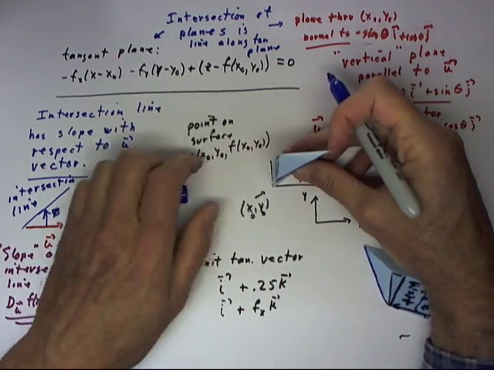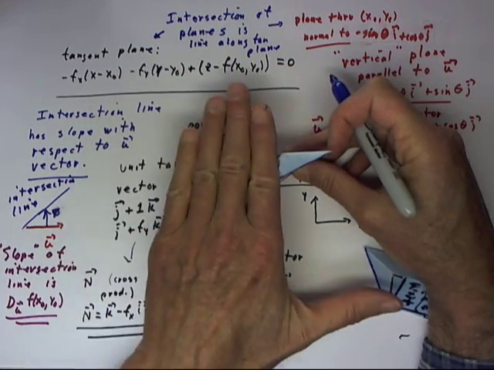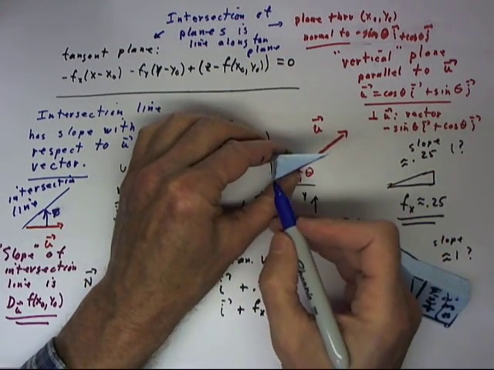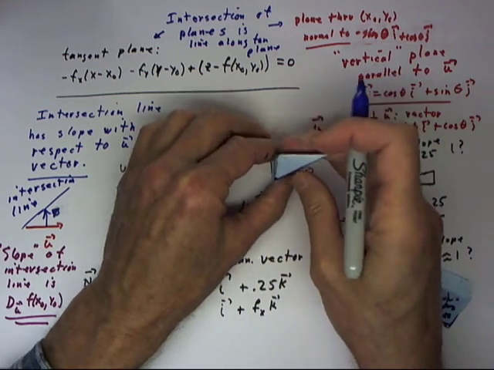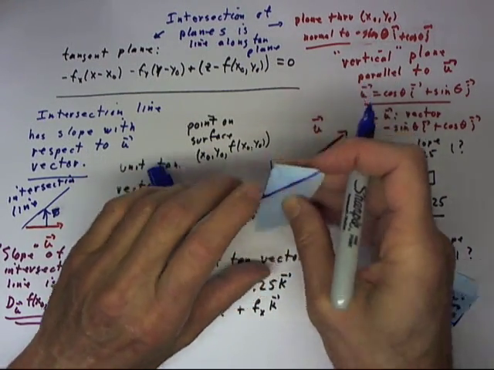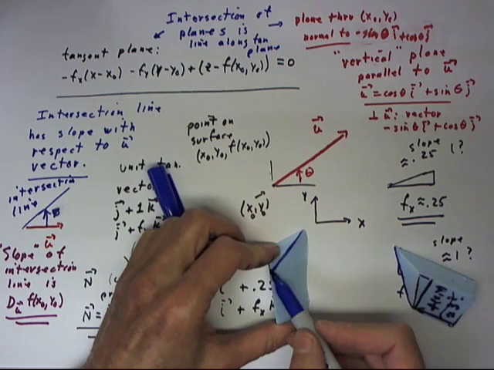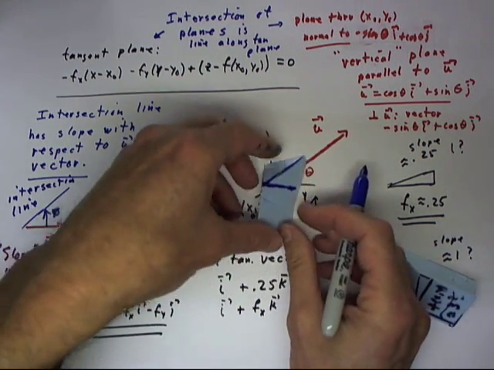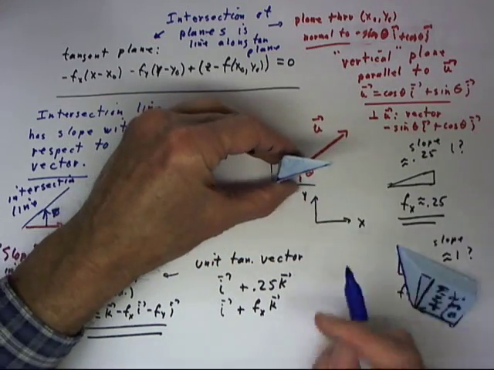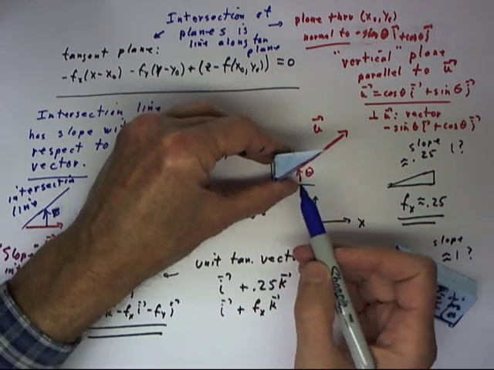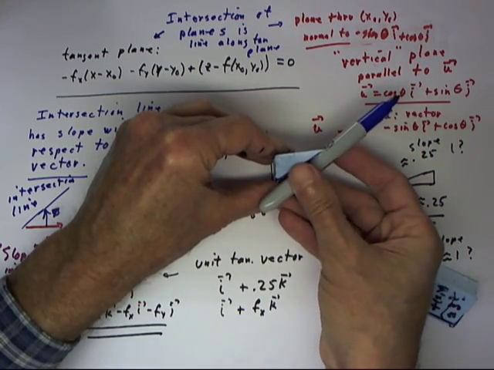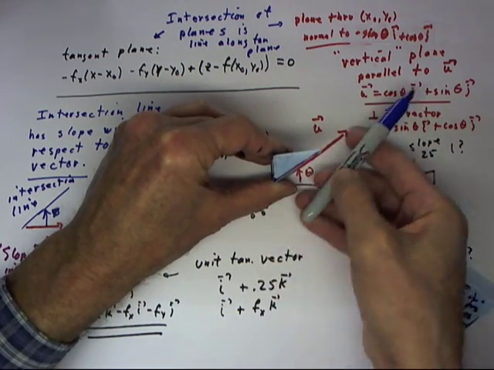So if this foam chunk is sliced by a plane parallel to the XY plane at the point of our graph, our x0, y0, f of x0, y0 point, then we're going to get something that looks like this. When this is elevated, that line becomes parallel to the XY plane, angled out parallel to the u vector.